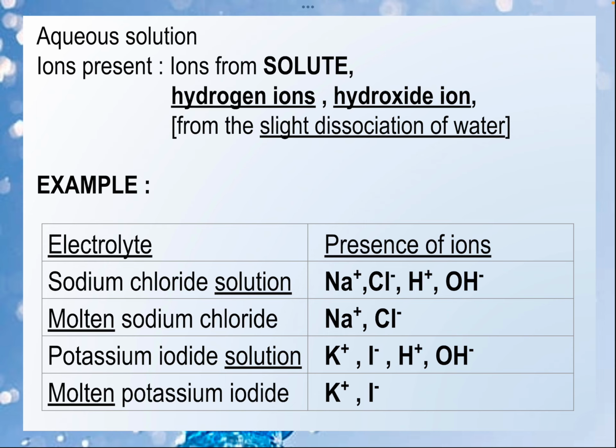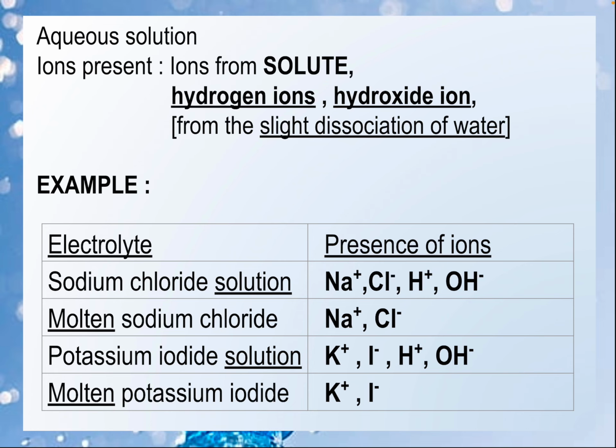One more contoh adalah molten potassium iodide. So kita hanya ada potassium ion and iodide ion sahaja. So that is the first thing yang korang semua kena bear in mind, beza antara solutions and molten substance.